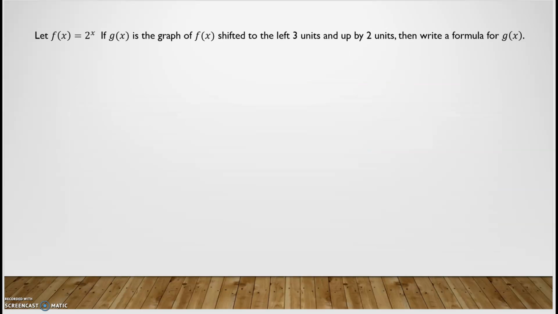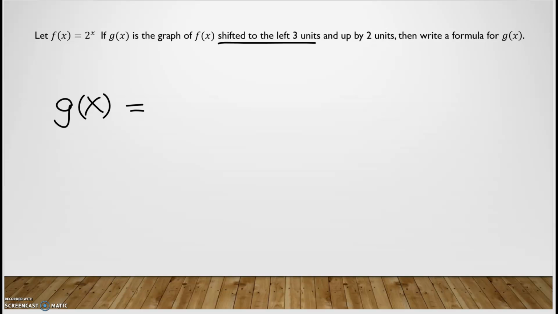Okay? So if we have f of x equal to 2 raised to x, and g of x is the graph of f of x shifted to the left 3 units and up by 2 units, then write a formula for g of x. Now, if we're going to shift to the left, remember that's going to be by the x value, and it's going to be positive because it's to the left.